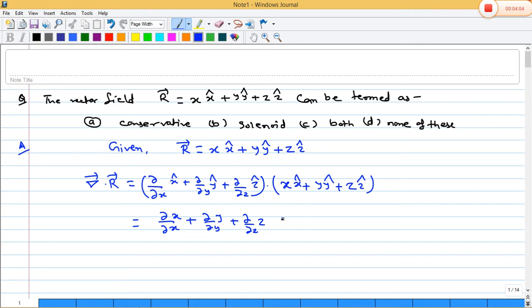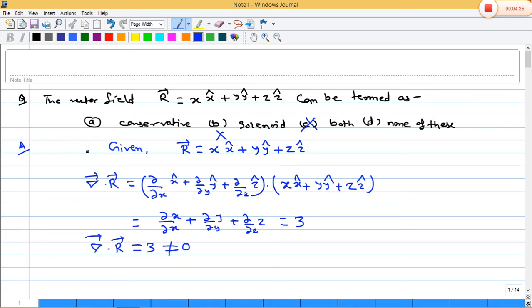Okay, so this one will be 3. Now here the divergence of R is 3, which is not equal to 0, which means this is not solenoid. Clear? So this option is incorrect. Similarly, the both option will be incorrect.